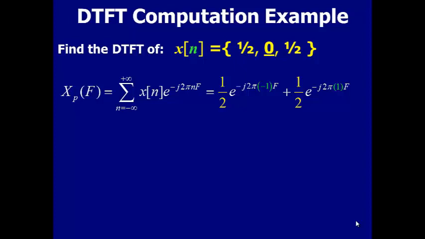I have 1/2 at n equals -1. At n equals 0, I have 0, so I'll leave that out. And at n equals 1, I have 1/2 with e to the minus j2 pi f. I got some double negatives here, so I'll get rid of those. And I have 1/2 e to the plus j2 pi f plus 1/2 e to the minus j2 pi f.